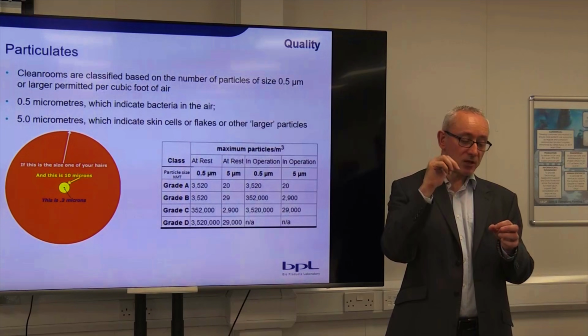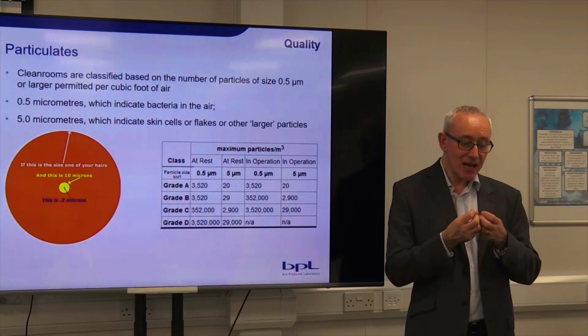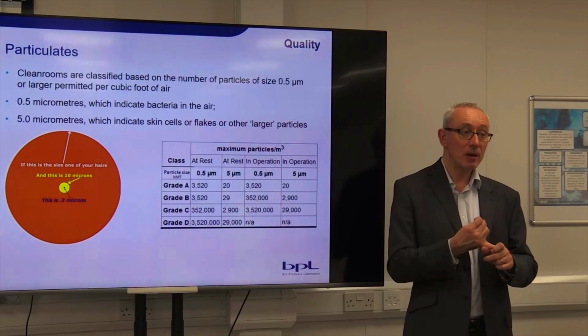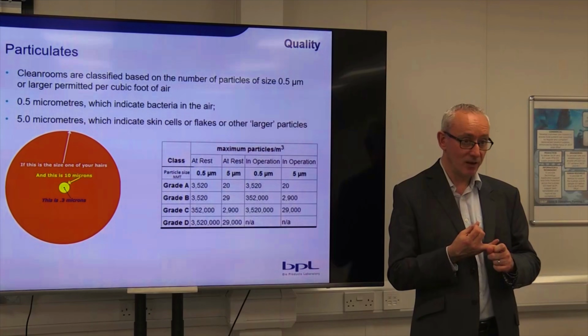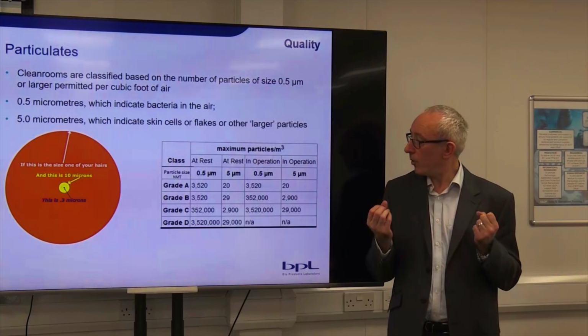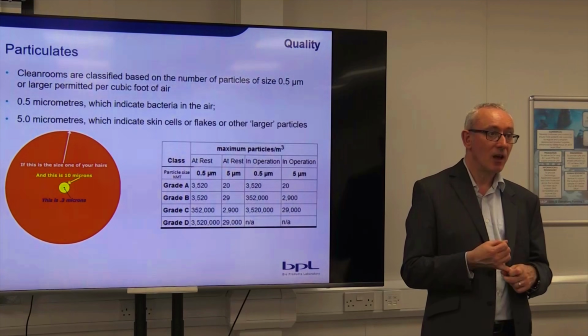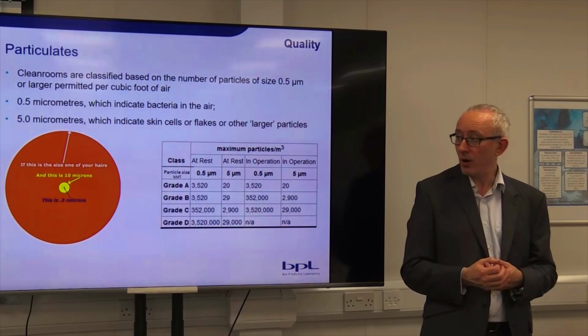The air passes through a laser and that scatters. That scattering effect enables the particle counter to say how many particles were there, and also what size they are. The size part is important because, one, it's defined in regulations, and two, it gives a warning about the level of contamination that might be present.